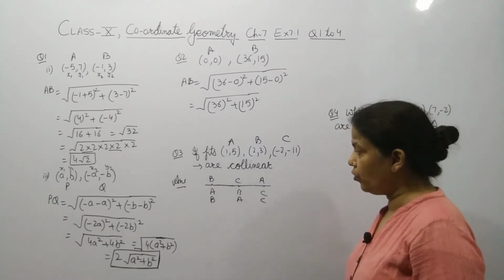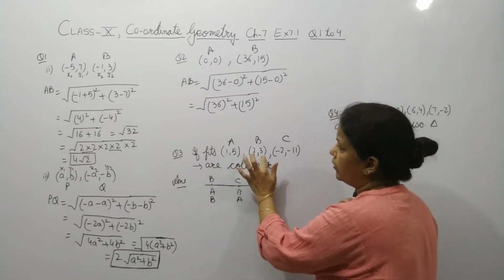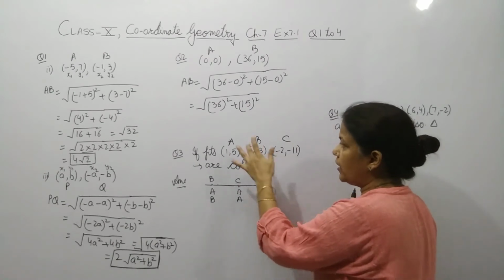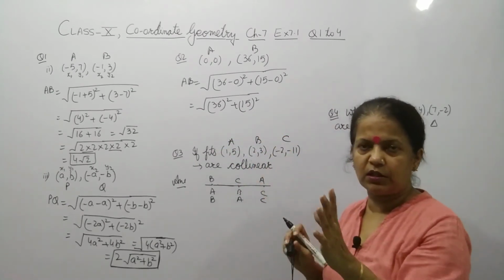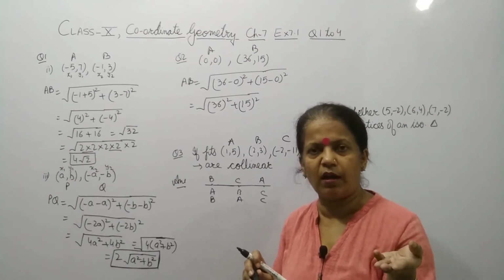So, what will you do? You will find out the distance between all the 3 cases. Means AB distance, BC distance and AC distance, means जितने भी pairs बन सकते हैं आप सबका distance निकाल लेंगे.